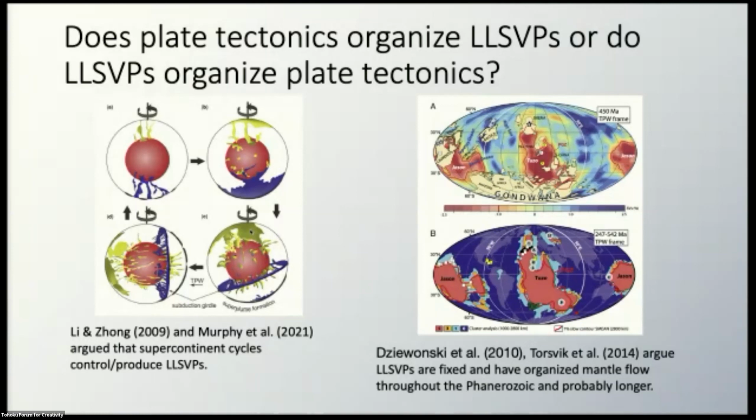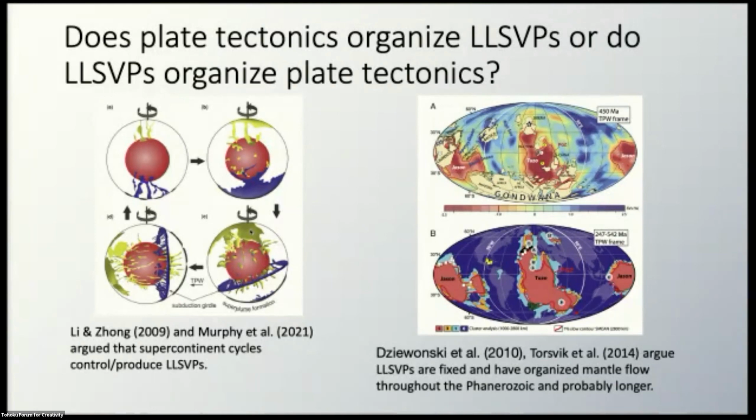So this idea from Li and Zhong is that mantle plumes create a supercontinent. Eventually there's subduction around the supercontinent, which forces hot mantle towards the center and produces more mantle plumes that break up the supercontinent. So their idea is that LLSVPs are driven by supercontinent cycles.